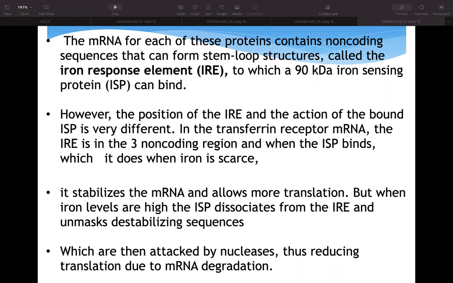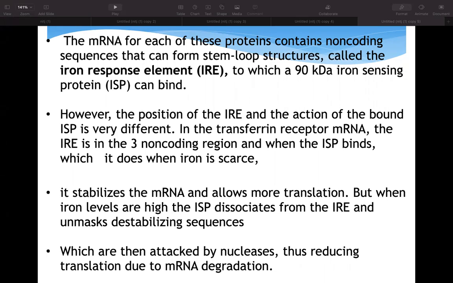In eukaryotes, the mRNA for each of these proteins contains non-coding sequences that can form stem loop structures called iron response elements. The iron response element is involved in control of iron metabolism by binding to mRNA to repress translation or degrade mRNA.